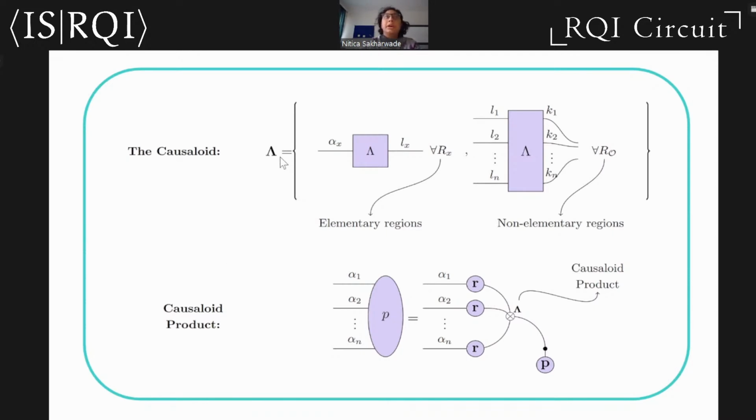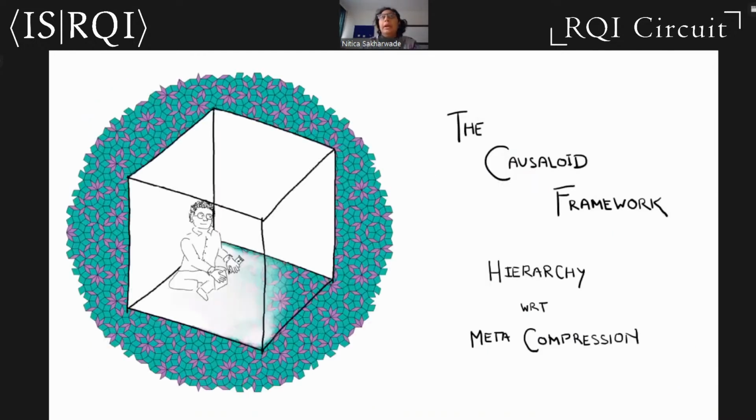And you can use this causaloid to define a causally neutral product, the causaloid product, which you can reduce to the tensor product or composition in quantum theory, but more generally in GPTs, this would just be parallel composition, sequential composition, and so on. And if you have indefinite causal structure, it might be something in between.